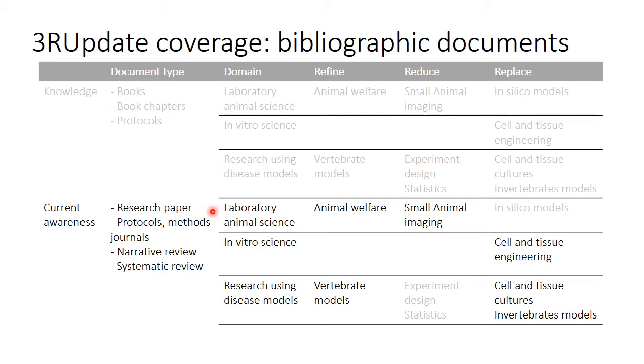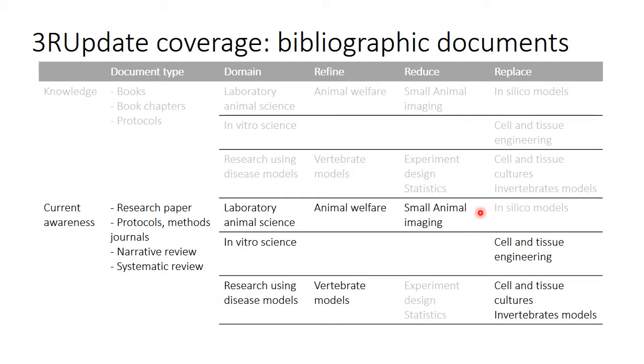Let's have a look at the community which could be concerned about the 3Rs. First community, veterinarians, specialists in laboratory animal science. They can also be researchers dealing with in vitro techniques, and researchers dealing with animal models of disease. Sometimes researchers can use in vitro techniques and animal models.